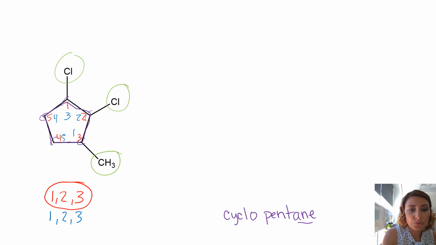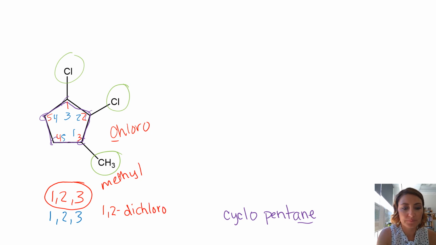So I have 2 chlorines, and chloro alphabetically, the C comes before my methyl group. So I'm going to start with chloro first in the name. I have chlorines on the 1, 2 position, and because I have 2 chloros, I don't want to say chloro-chloro, I say dichloro.